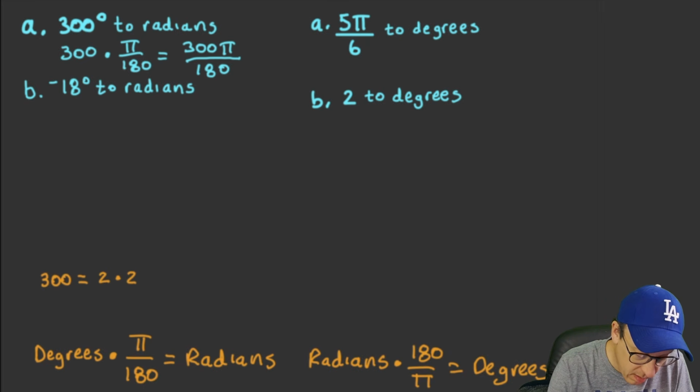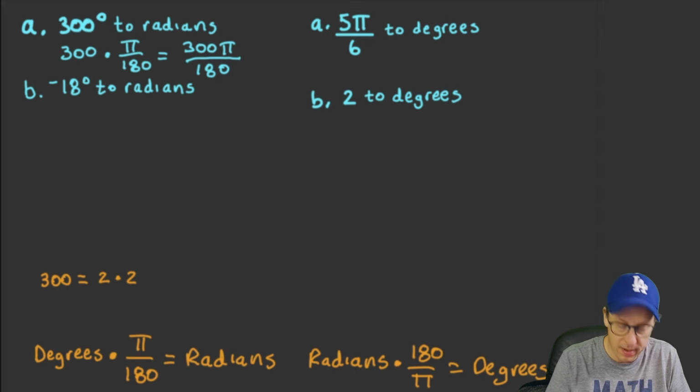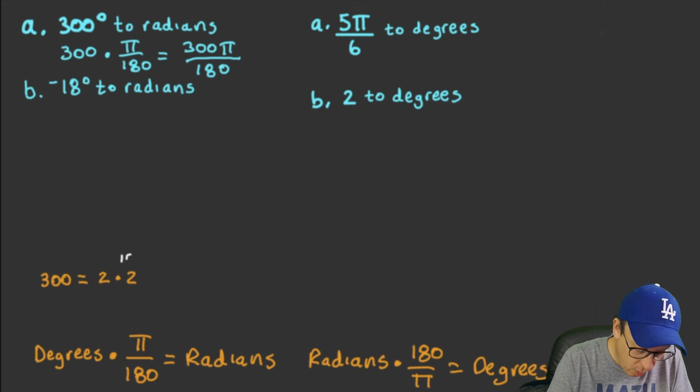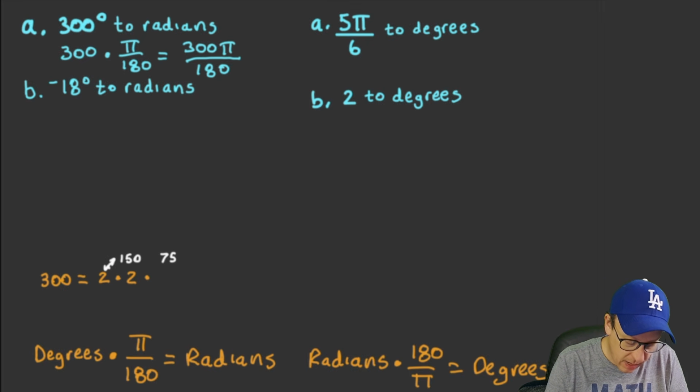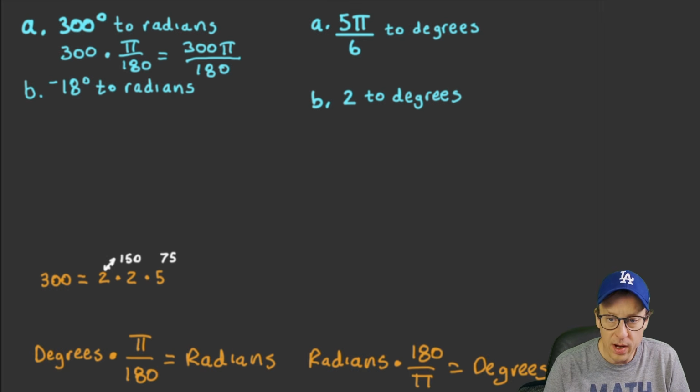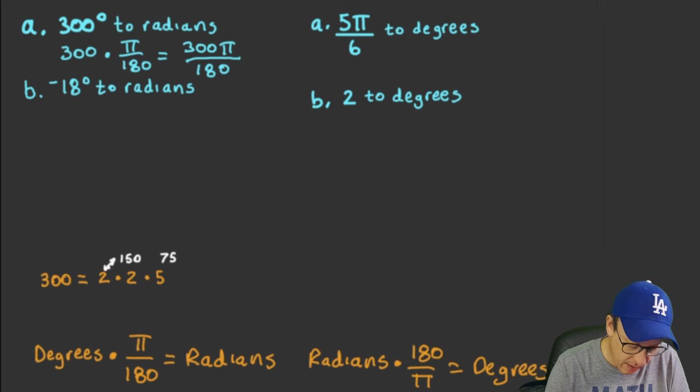Should I write these in? Sometimes I have a hard time figuring out what is confusing. So this is going to be multiplied times 150 to get 300. Now our goal is to get 75. So we're going to have 75 times 5, and then 15 times 5. So 15 times 5 times 3. Okay?